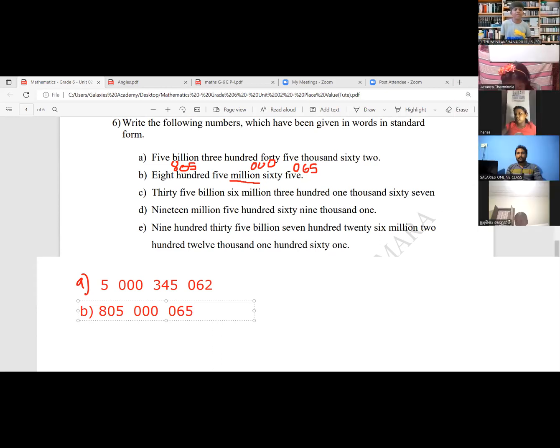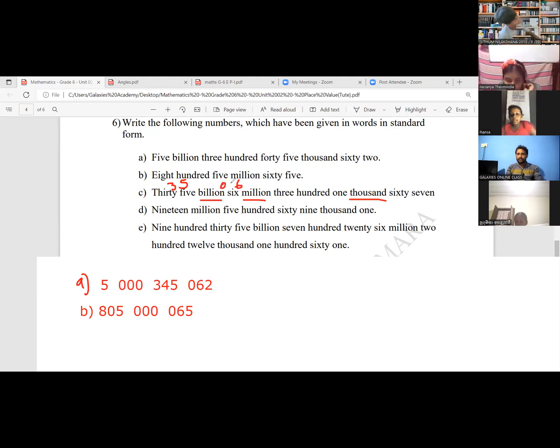Right, okay, then I am going to part C. Look at billion period, you can see million period, 1000 period and unit period. Okay, billion period 35, million period 6.